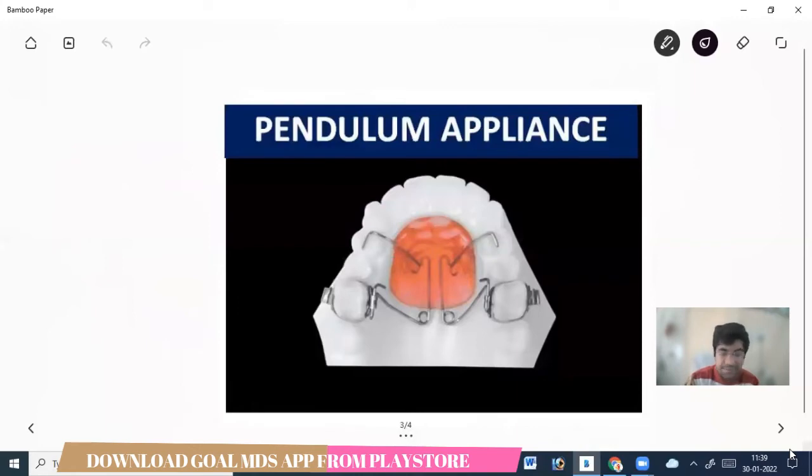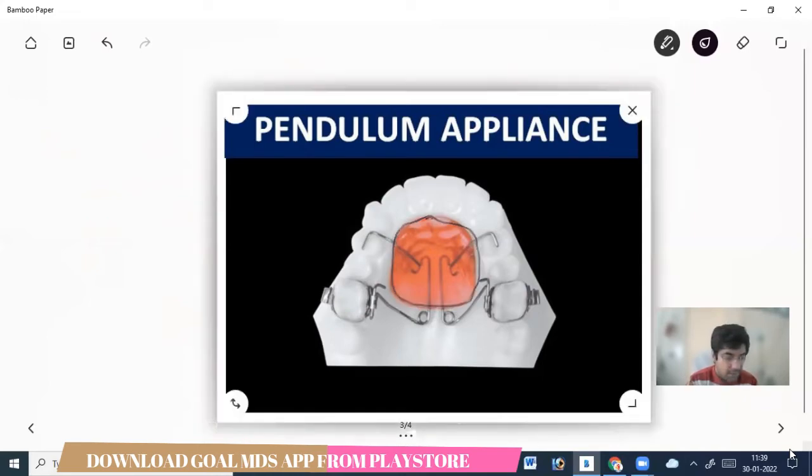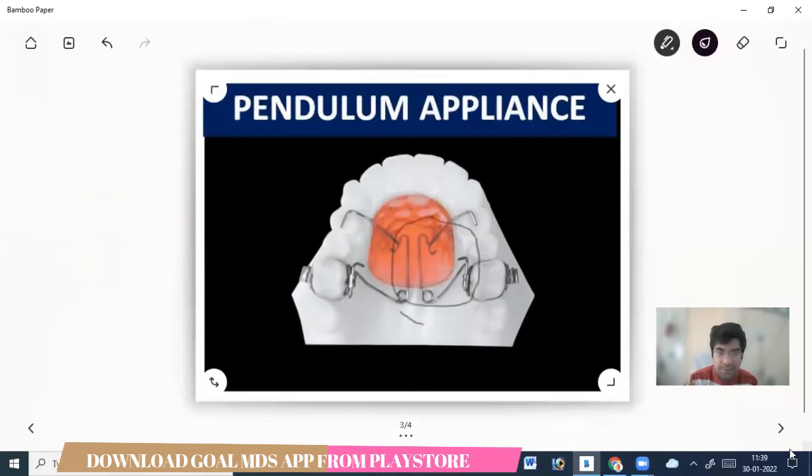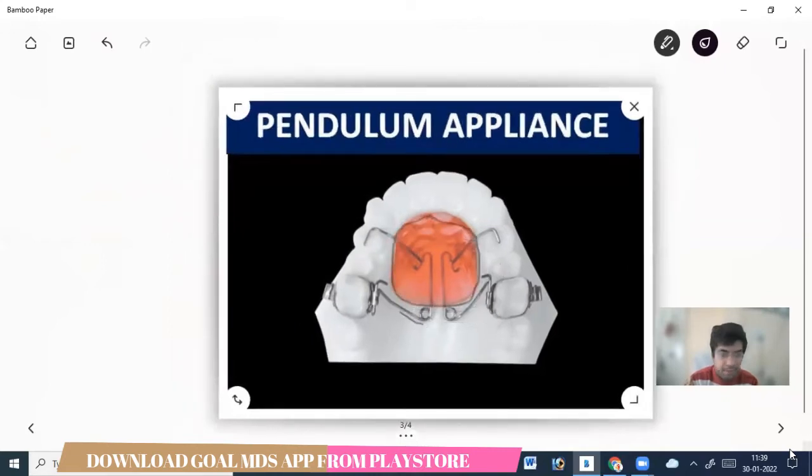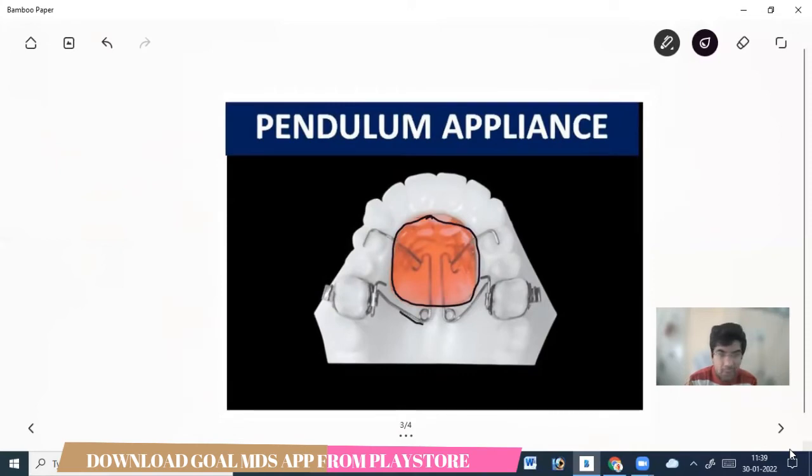Number one, it consists of a Nance acrylic button, TMA spring, along with wire components that include a closed helix, a small horizontal loop, and the wire connecting on the band to the first molar and the second premolar.